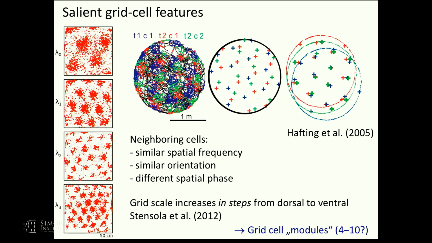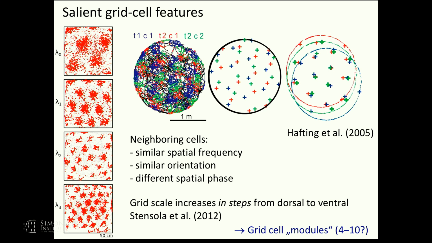And the other is that the spatial scale increases when you go from dorsal to ventral. So you see clearly there are different grid scales, and in fact it does not do so in a continuous manner, but stepwise. And the sequence of scales forms a geometric series. These are the main properties of grid cells I'll be basing the talk on.